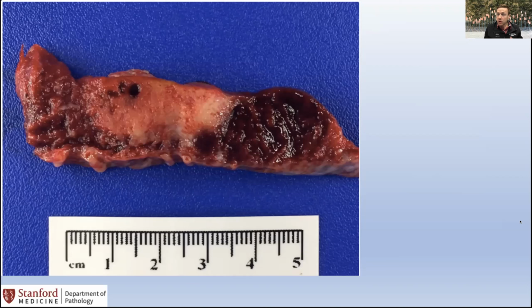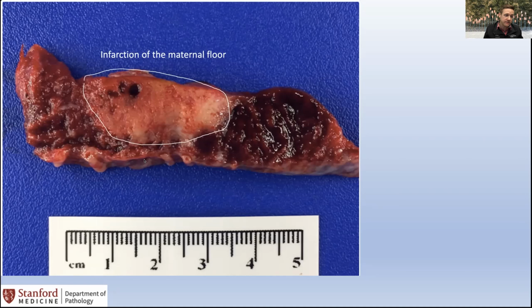Well, sometimes grossly we can already pick up on it if it's pretty severe. So here's a cross section of placenta. Usually the placenta is fixed in formalin, then sectioned, and then examined, and that way targeted areas can be sampled for microscopy. But here it's clear right away with this very pale area attached to the maternal floor. So that's the maternal floor side.